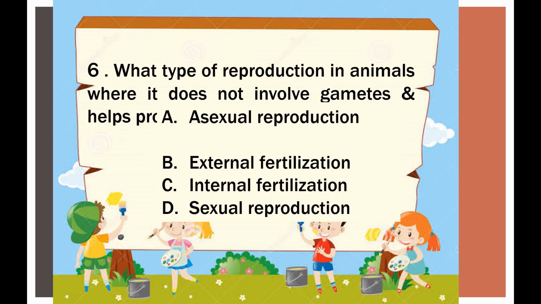Number 6. What type of reproduction in animals where it does not involve gametes and helps produce many offspring? Letter A. Asexual reproduction. B. External fertilization. C. Internal fertilization. D. Sexual reproduction.